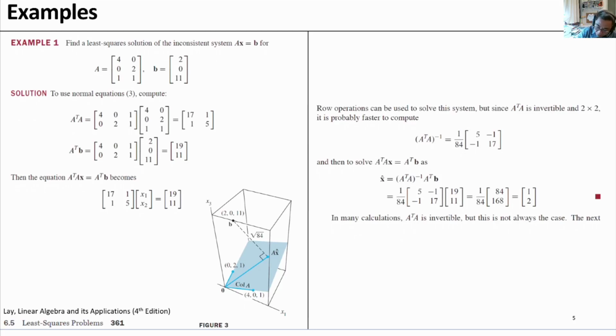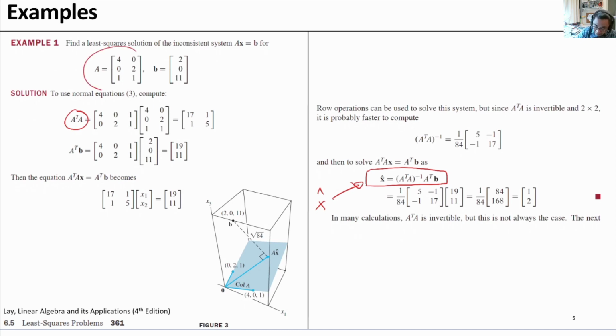In this slide, we will examine the following A and given B, and use this equation over here to find x hat, the x that will give the least square solution. This example can be approached mechanically. Simply, we will find A transpose A first.